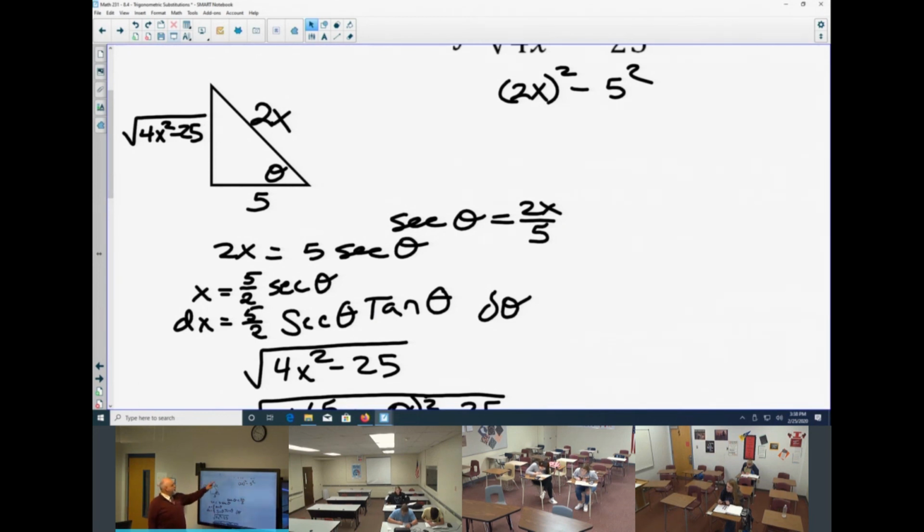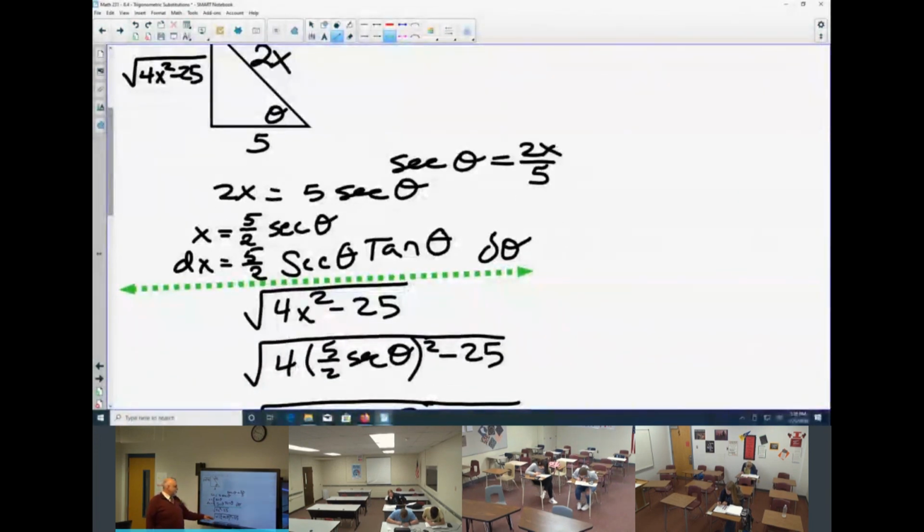So now, focusing on the radical. So radical 4x squared minus 25 is 4 times 5/2 secant squared minus 25.